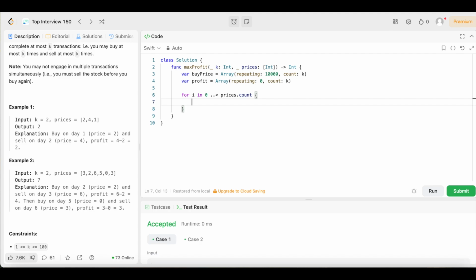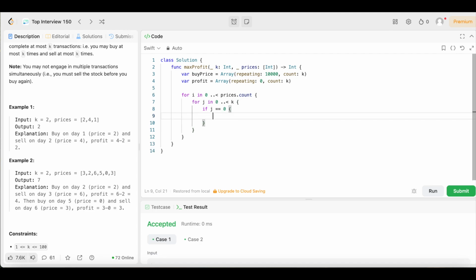So remember, we only have up to K transactions, so we could say for j in 0 up to K, because we can't do any more transactions than K. Then we'll open up the brackets.